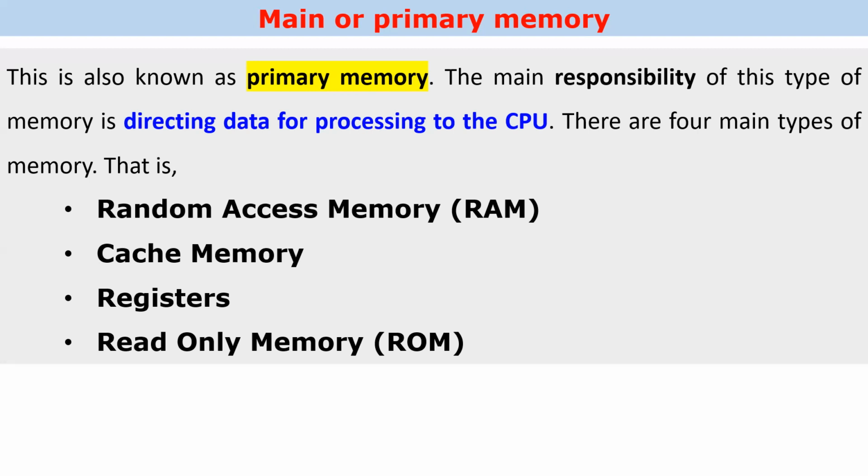Once you input data, the processing is done by the CPU, the central processing unit. Therefore, the CPU needs data. The responsibility of these primary memories is to provide data to the CPU.